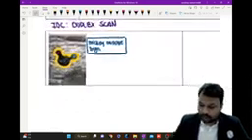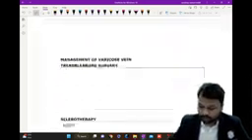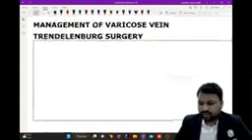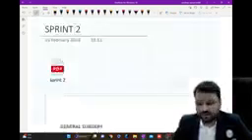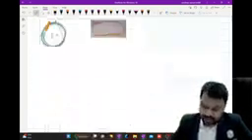Now, in terms of management of varicose vein, one of the most commonly asked questions is Trendelenburg surgery. Trendelenburg surgery has three components: flush, ligate, and strip.